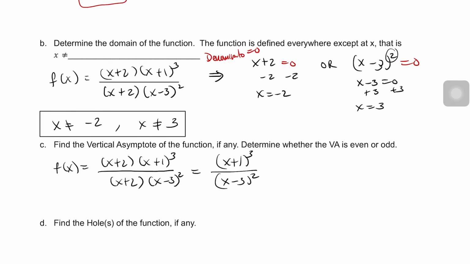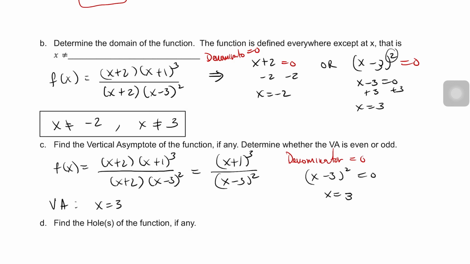This is going to be a vertical asymptote whenever the denominator is equal to 0. That would happen when x minus 3 squared equals 0. But we already know that this is equal to 0 whenever x equals 3, because we already did that up here. So the vertical asymptote is going to be x equals 3.